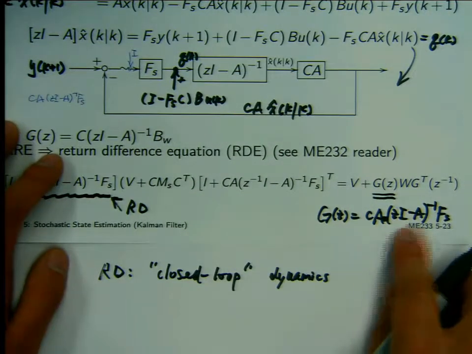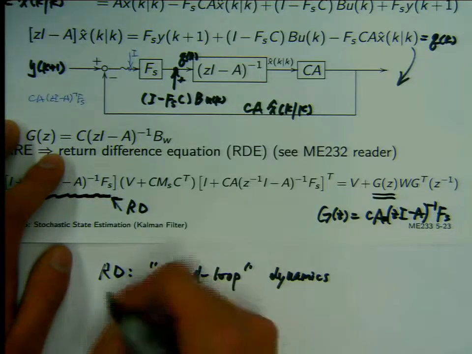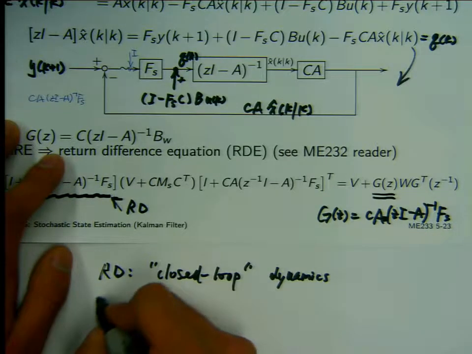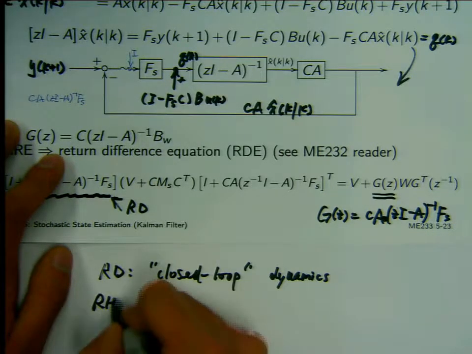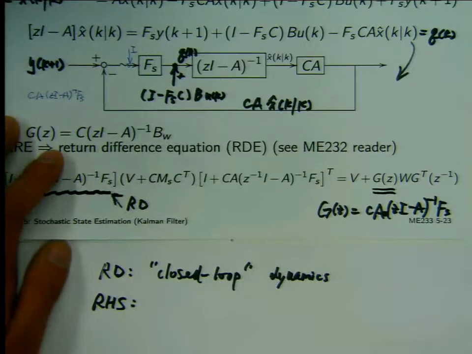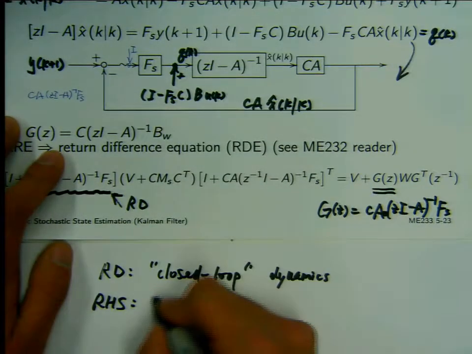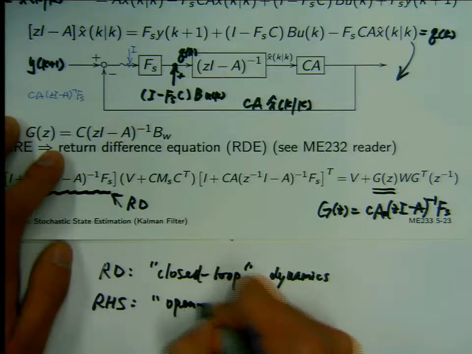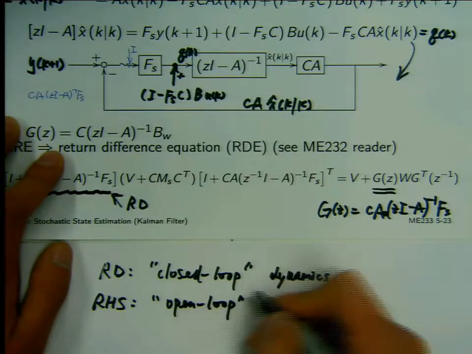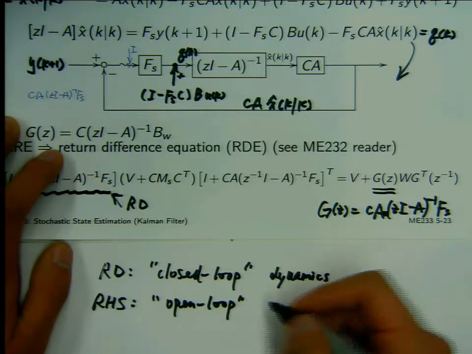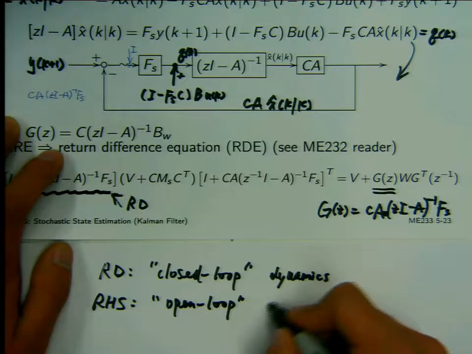So what does the right-hand side intuitively look like? It is telling us something about the open loop transfer function.